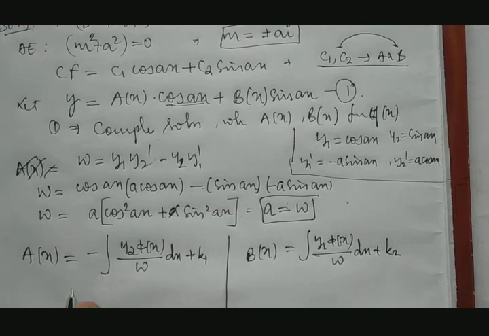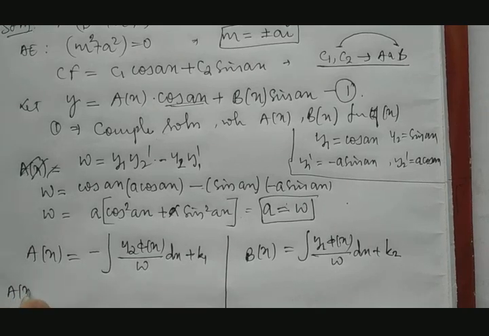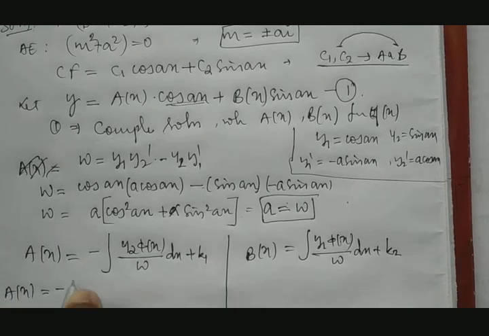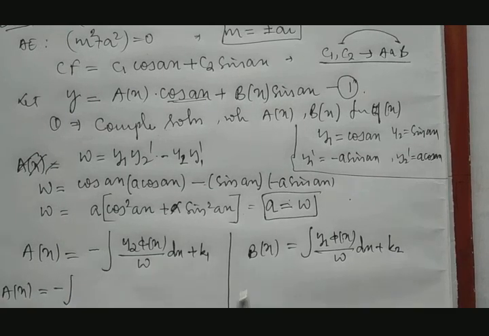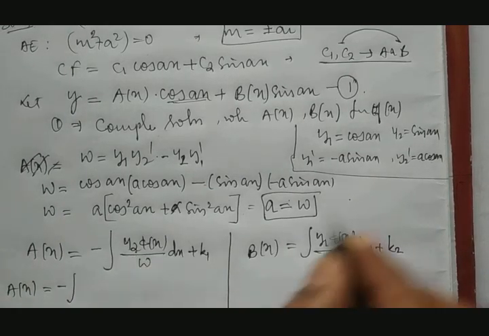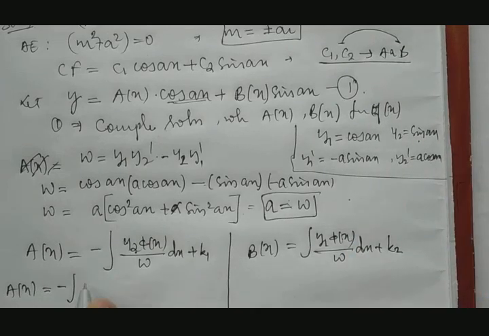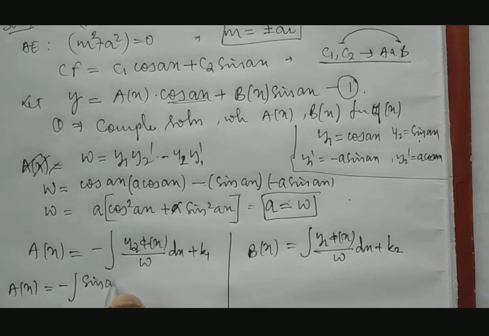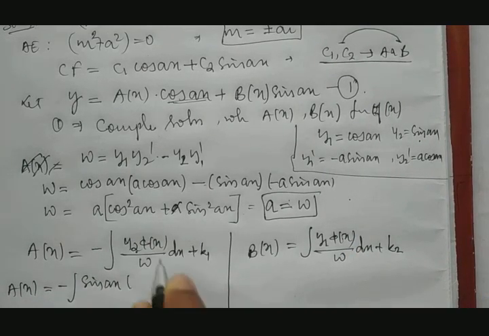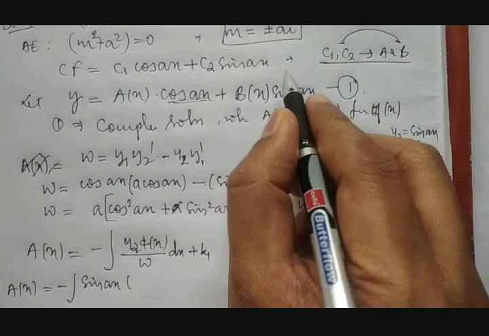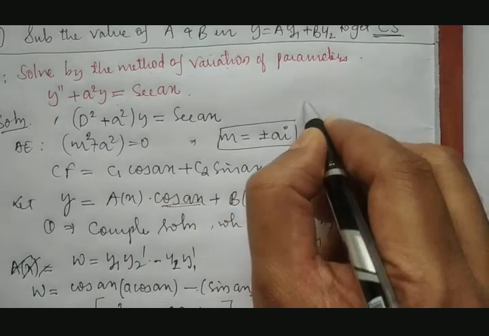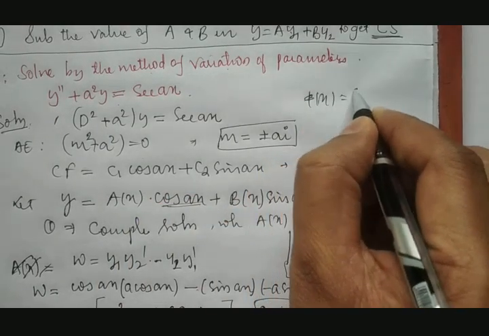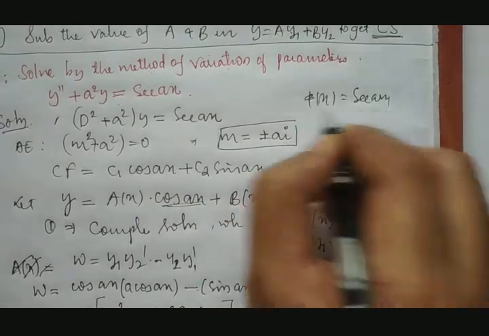Okay, so let us take A of x is equal to minus into, here we can see y2 is nothing but sin ax into phi of x. Phi of x from the given example is what? Phi of x is equal to sec ax.